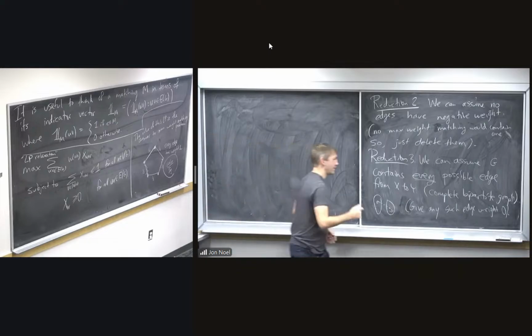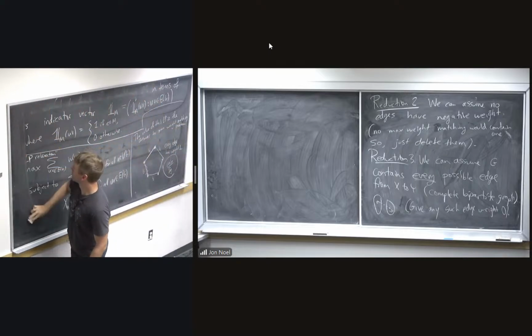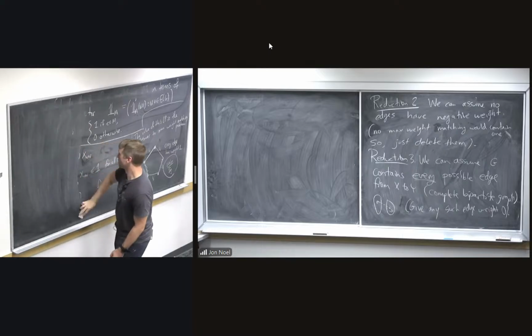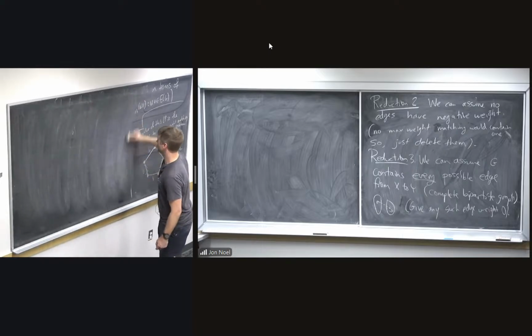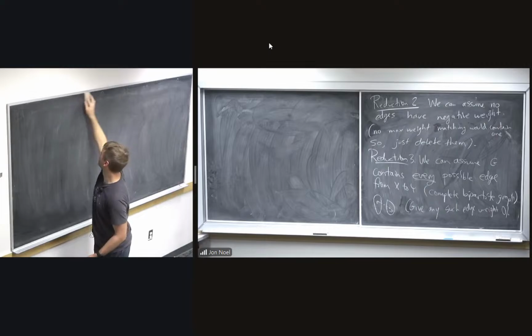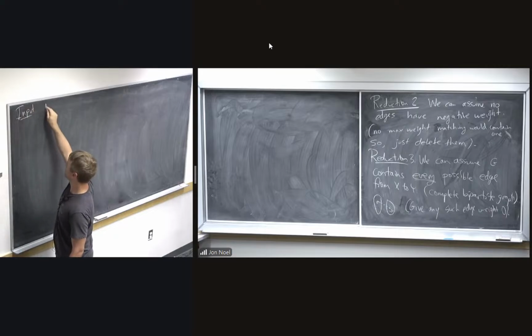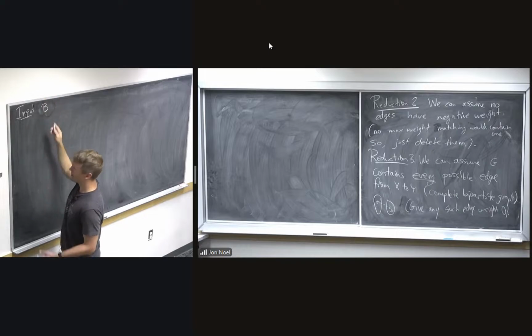Maybe I want to write the algorithm over here. There's more space. So basically, our input is a balanced, complete bipartite graph G. Balanced means X and Y have the same size.